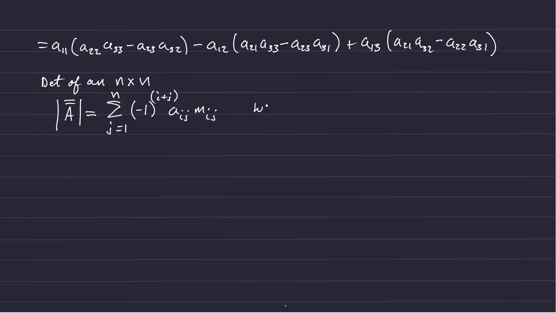So here, i is any number from 1 to n, and that describes the row of the element we're operating on. And in the example of the 3 by 3 matrix that I gave, we used i equal to 1.